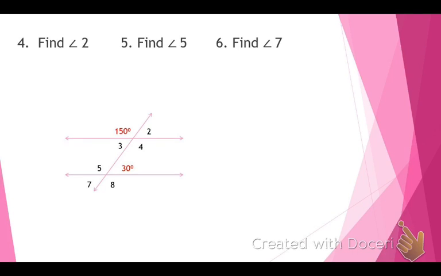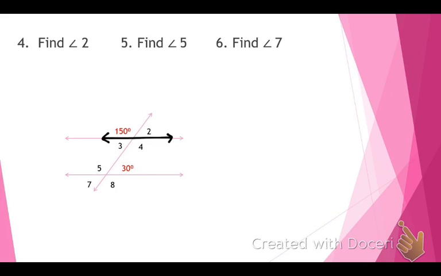Carlos, find the measure of angle 2. Tell me something you know about angle 2. It is adjacent to 150. Okay, so that means that they share a common side, which means they share that straight angle right there. So what would angle 2 have to be? What do we know about a straight angle? 30.